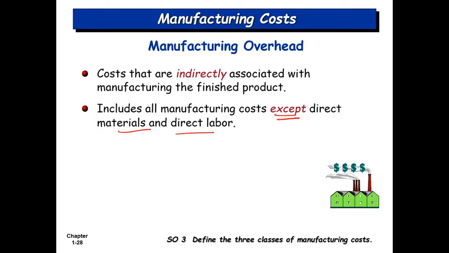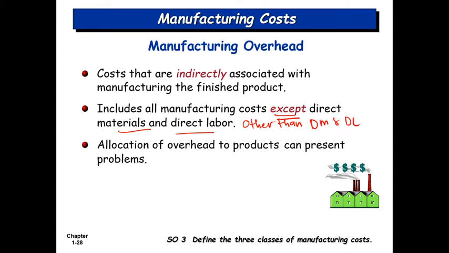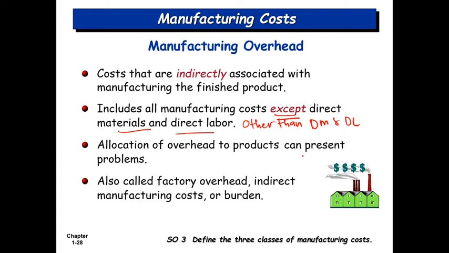So the other way around, other than direct material and direct labor. Allocation of overhead to product can present problems. Also called factory overhead, indirect manufacturing cost or burden. So we can call it factory overhead and we can call it indirect cost.